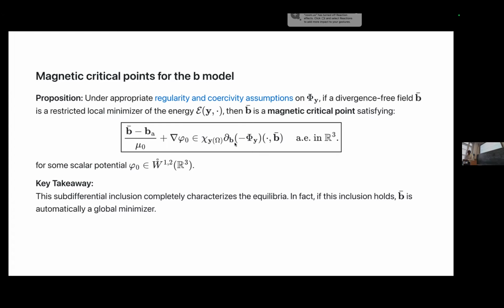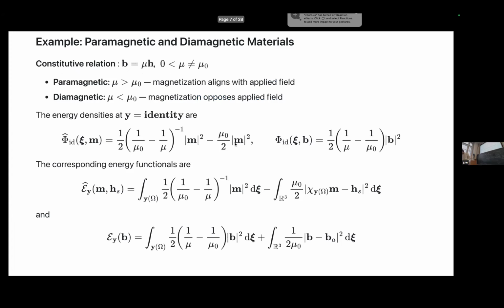Okay, so let me go forward and show you a very simple example. The simplest example that you can come up with is not taken from ferromagnetism, but it is just the standard linear relation between the magnetic induction and the magnetic field.